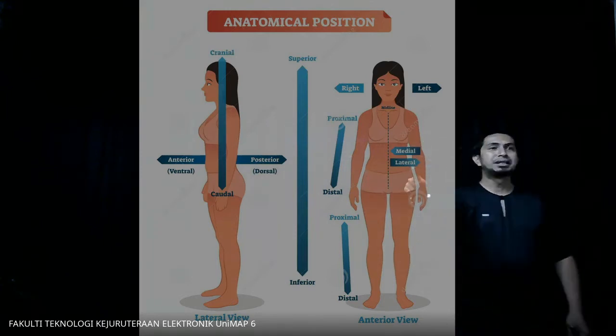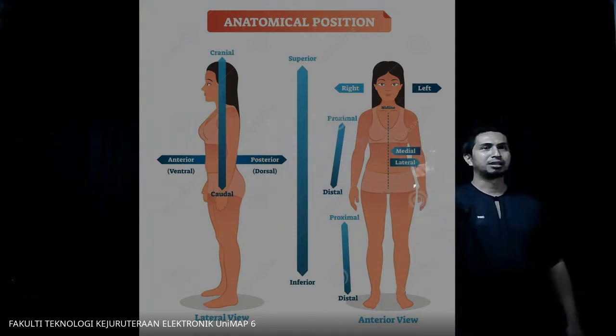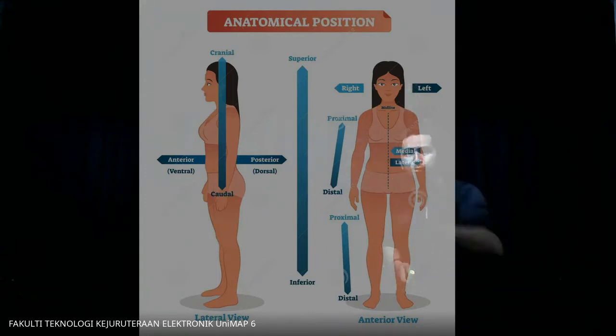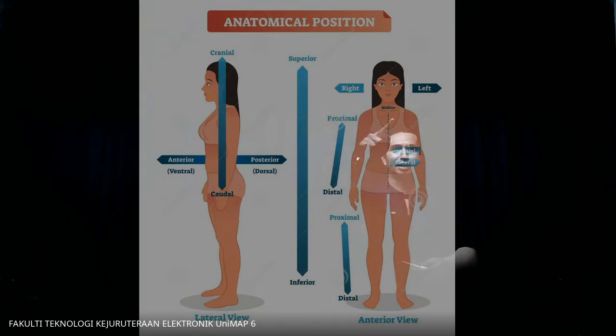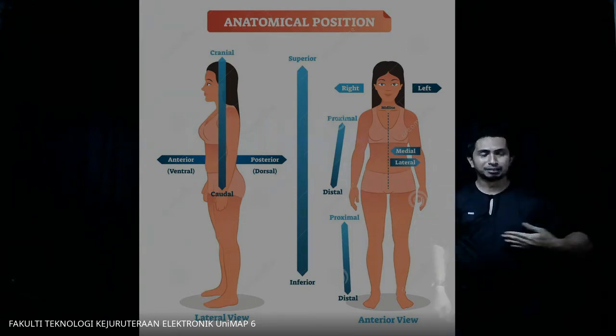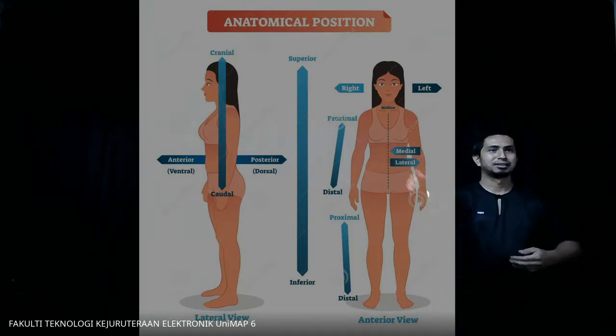We also have medial. You can see medial over here. Medial is toward the midline of the body. You can see this line is the midline of the body, garis tengah badan kita. Toward the midline, menghampiri titik tengah, is medial.